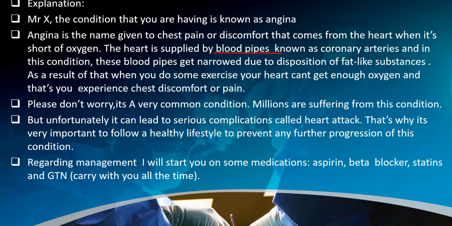And also I will give you a medication which can relax your heart blood pipe when you are getting this chest pain, known as nitroglycerin. You need to start taking all this medication as I prescribe. So this is very, very important that you say that you would like to start this. If the patient is having high blood pressure, you should also start the patient with ACE inhibitor.